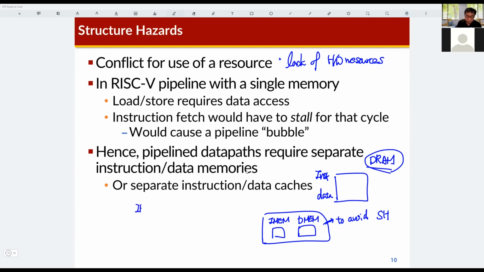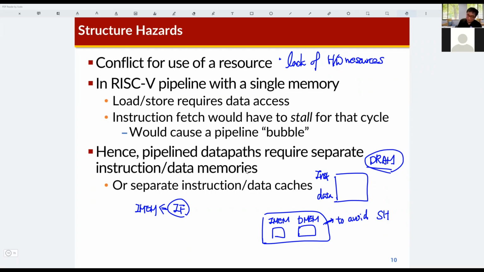So if we use only a single memory for instruction and data, what will happen? Instruction memory is required for the instruction fetch of a certain instruction. Every instruction is read from the instruction memory because instruction fetch is applied to every instruction, right?